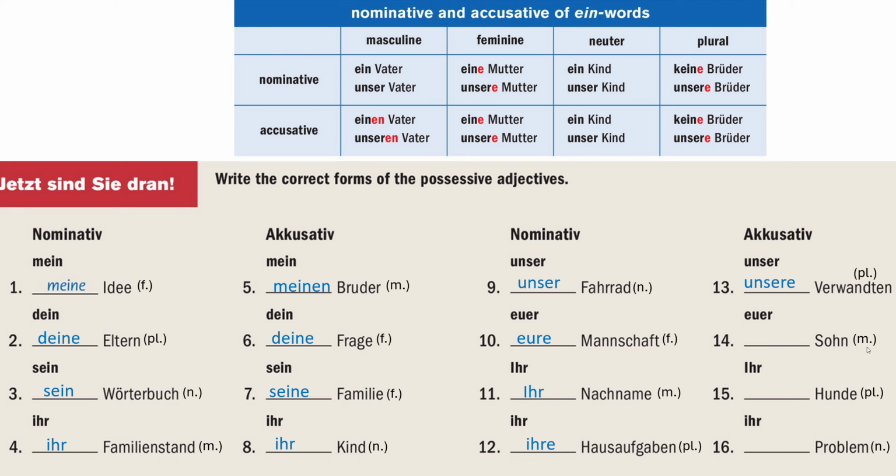Sohn is son, so this is masculine, but it's in the accusative, so it gets that en. So once again, you drop the second e in the word, and it's euren. Okay. And then ihr plus Hunde, so that's plural, ihre. And then Problem is neutral, so neutral doesn't have an ending, so it's ihr Problem.